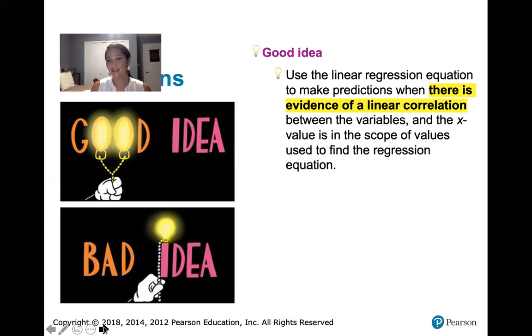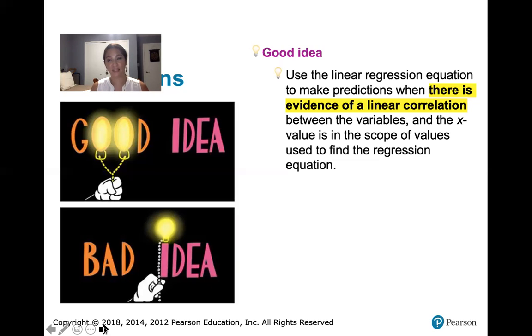In addition to having evidence of a linear correlation, we should make sure we have an X value that is within the scope of values used to find the regression equation. We don't want to go off too far to the right or too far to the left. We don't want to choose X values that are very high compared to all the X values that were used to come up with our equation.